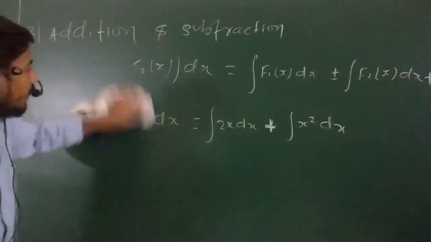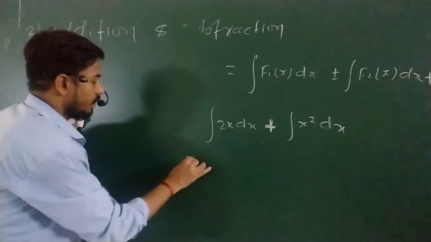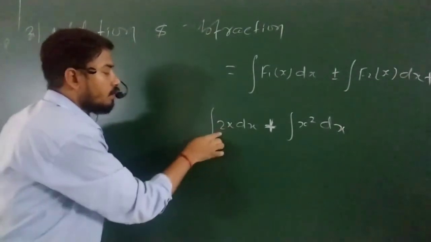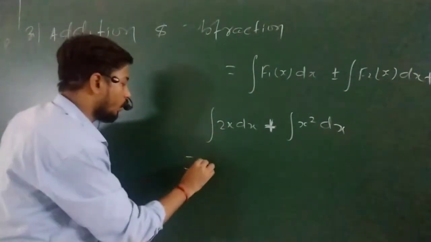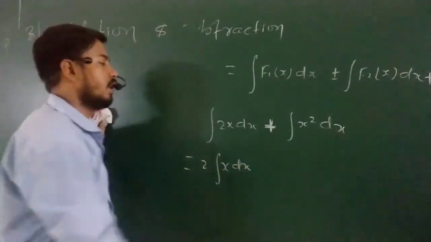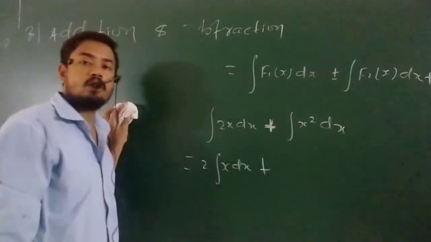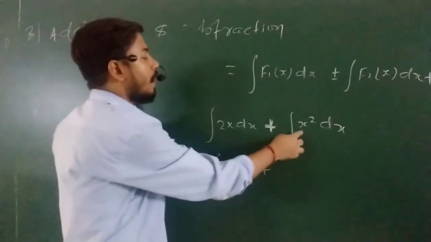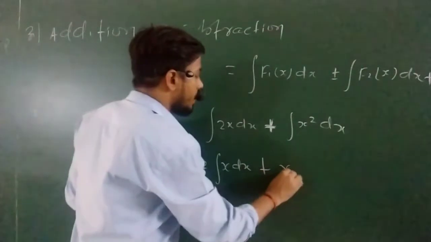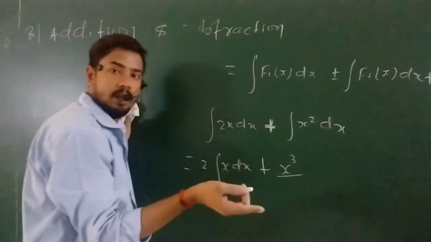Now see, this becomes your ordinary case. This is 2 into x, 2 is what? Constant. So 2 outside, this becomes x dx. Plus, you can integrate this one by using the power rule. Its power is 2, so the resultant power becomes 2 plus 1, 3, because n plus 1.